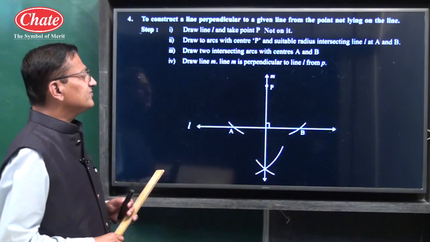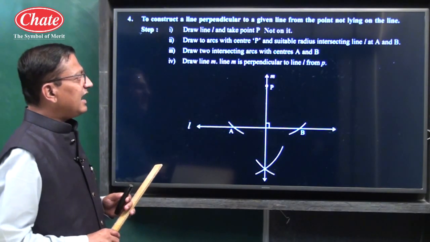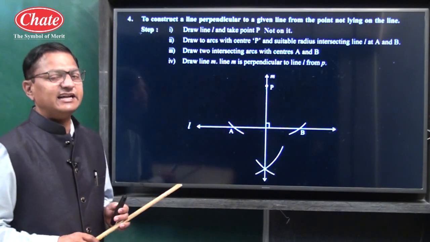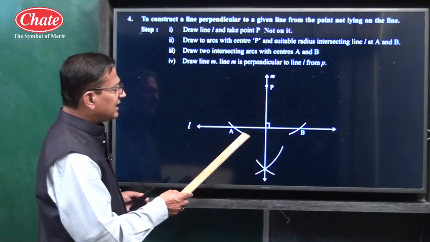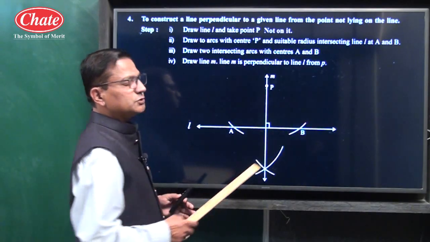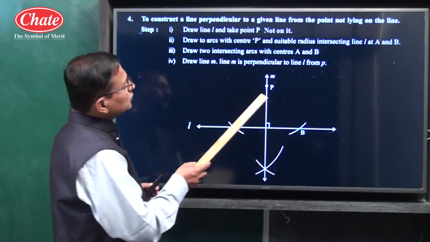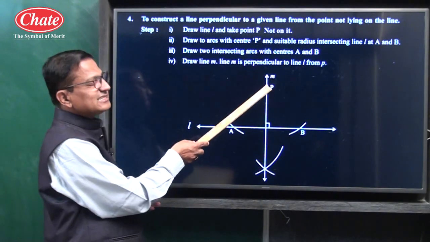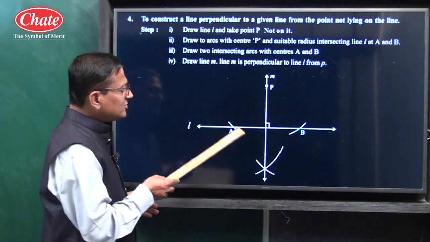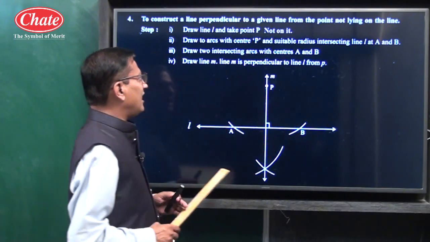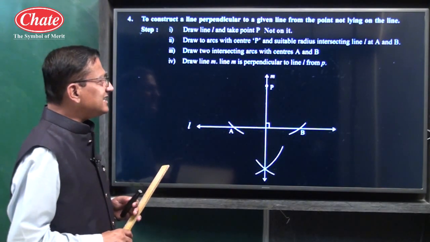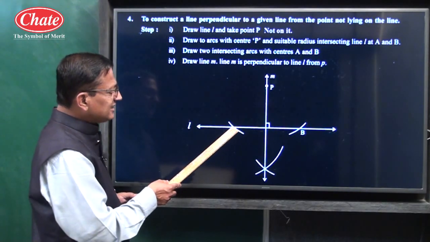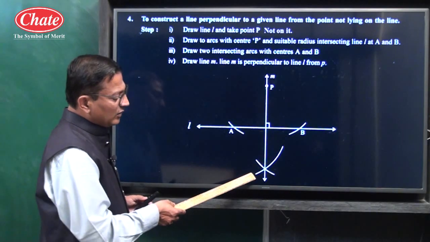Draw 2 arcs with center P and suitable radius intersecting line L at A and B. Arc number 1, arc number 2. For this, we have to take a distance more than this and center P. Draw 2 intersecting arcs with center A and B. Take A as a center and draw one arc.